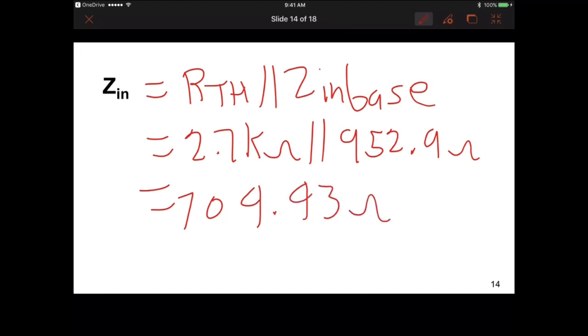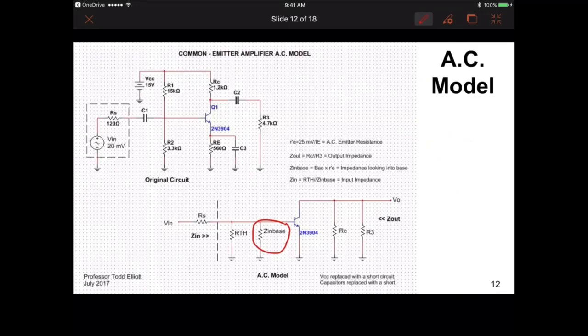Let me just quickly check. That's all right. So 704.43 ohms.